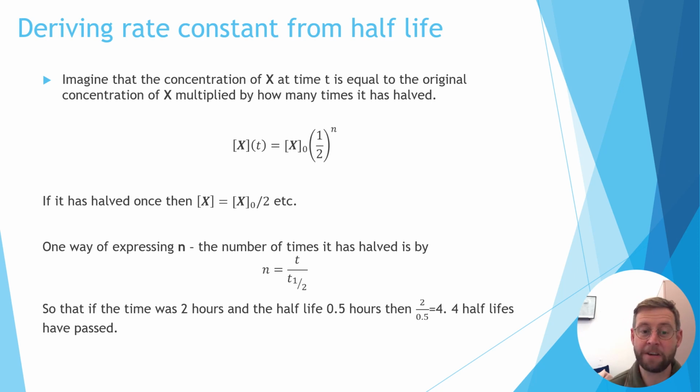And for example, if it is 2 hours now and the half-life was half an hour, 0.5 hours, and 2 divided by 0.5 means 4, which is that 4 half-lives have passed. So we can actually substitute the t divided by t1/2, the symbol for half-life, into where n was in this original formula.